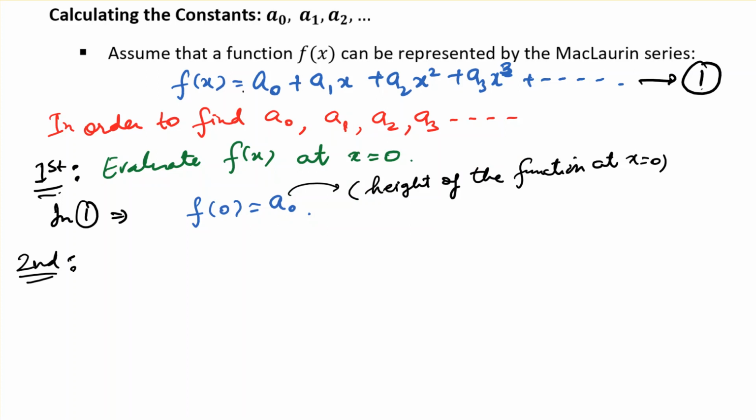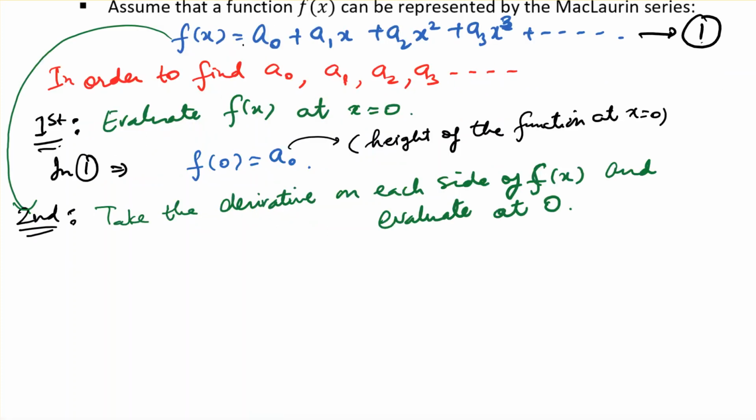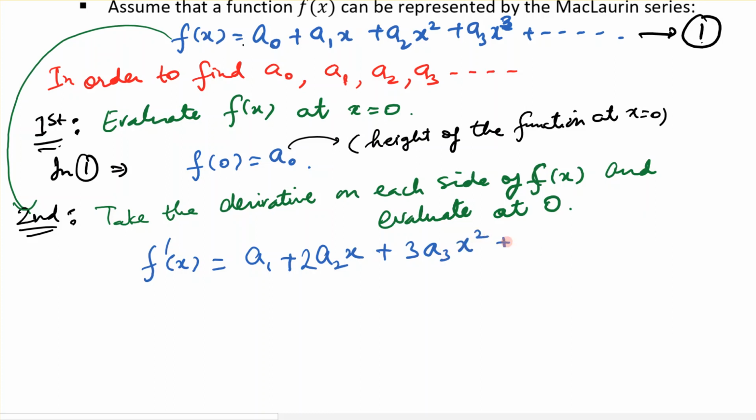In order to find the value of a1, we're going to take the derivative on each side of f(x). When we take the derivative of equation 1, we get f prime of x equals: the derivative of a0 is 0, the derivative of a1x is a1, the derivative of a2x squared is 2a2x, plus 3a3x squared, plus so on.